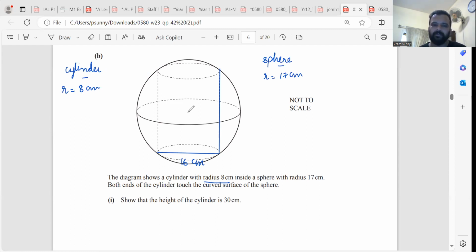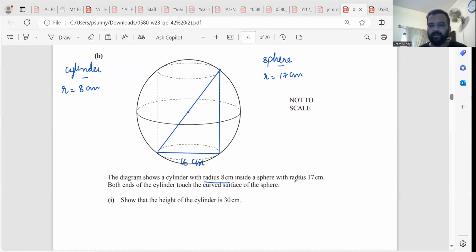And now suppose this is the center of the sphere, and this is the diameter of the sphere.